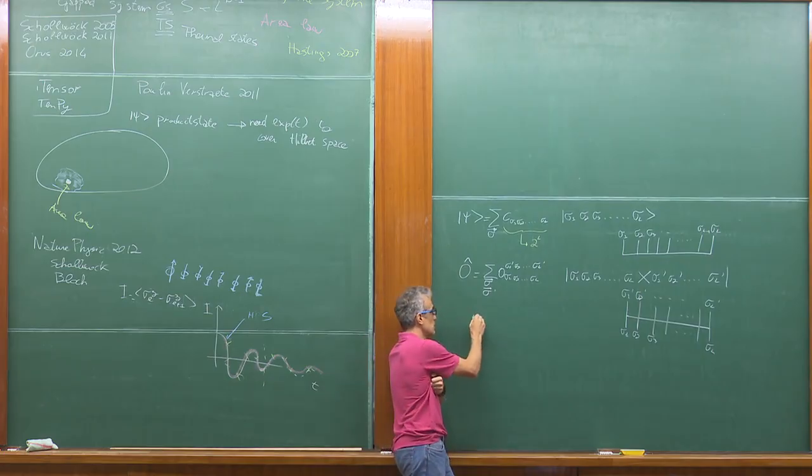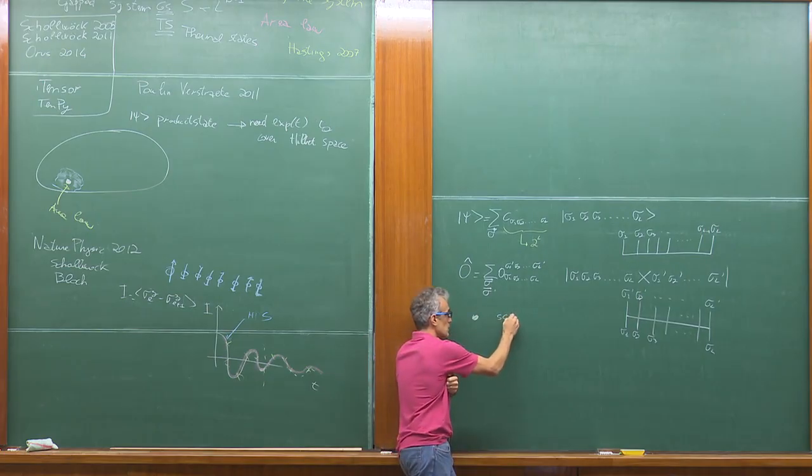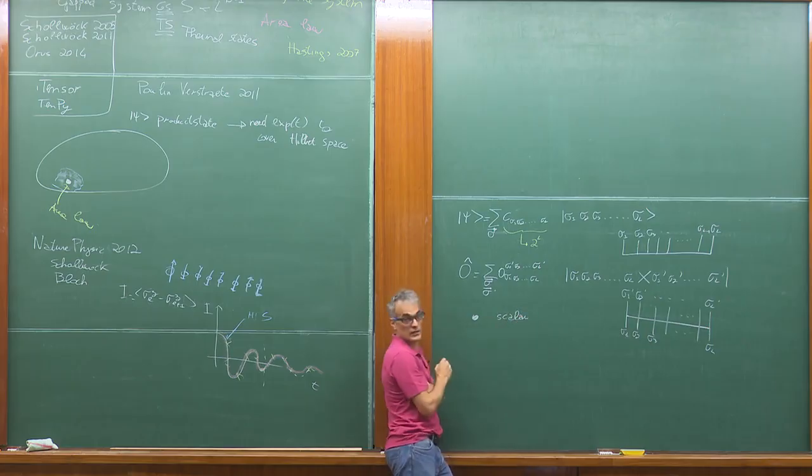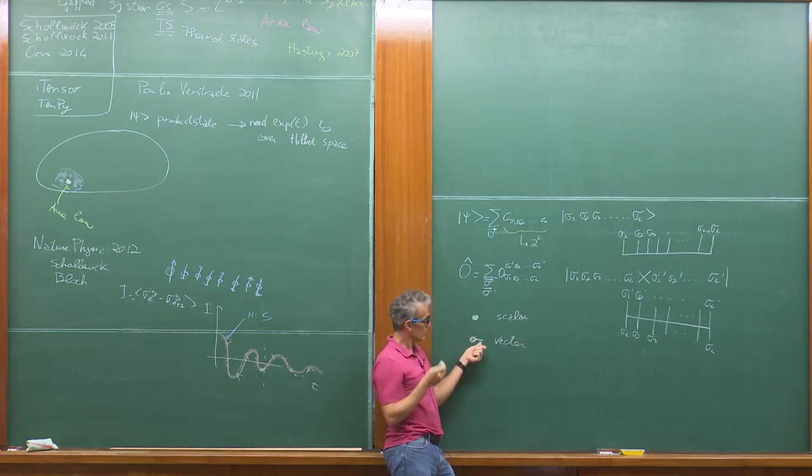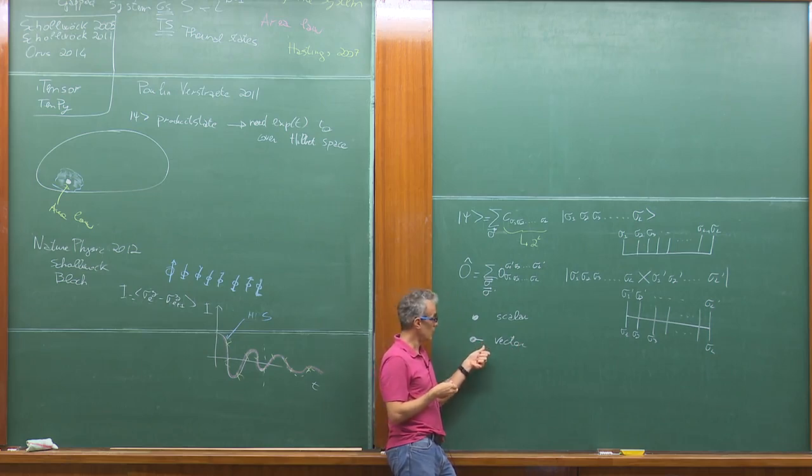A circle is a scalar. Then if I have a circle and a line, this is a vector. Why is it a vector? Here I can have many indices, and so you can see this is basically a list.